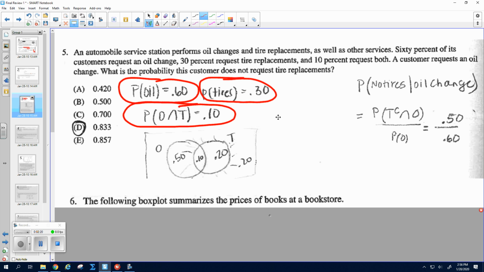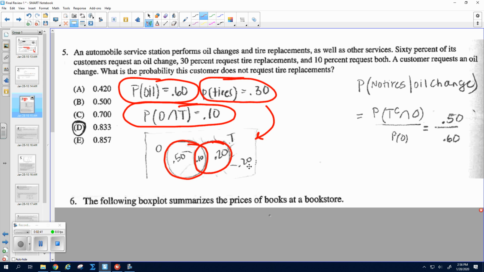The best way to display this would be a Venn diagram. So we have 10% in the middle. And then this one's my oil change, which has to add to 60, so I put a 50% here. And this one is the tires, which has to be a total of 30%, so that's why we put 20% here. These three add up to 80%, so we have 20% on the outside.